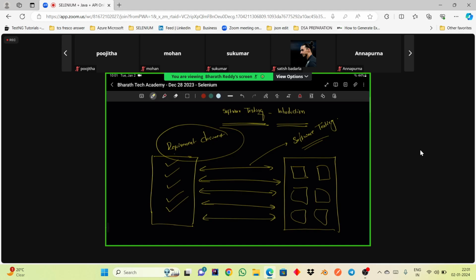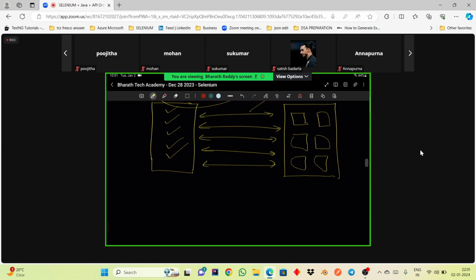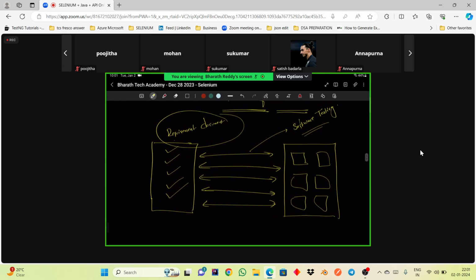During software testing, we understand whether the application that is developed is working fine or not. If there is any issue, we immediately fix it and then deliver. Next question immediately: who is going to perform this software testing?